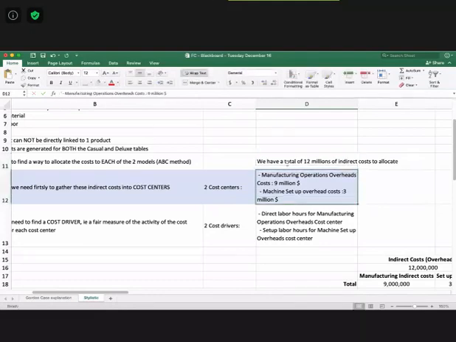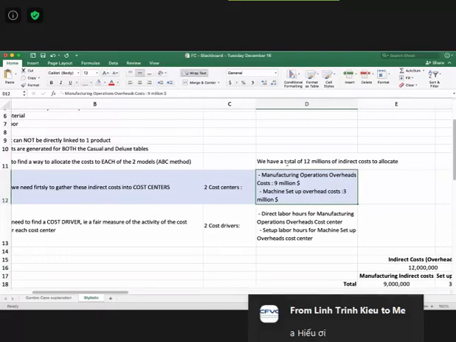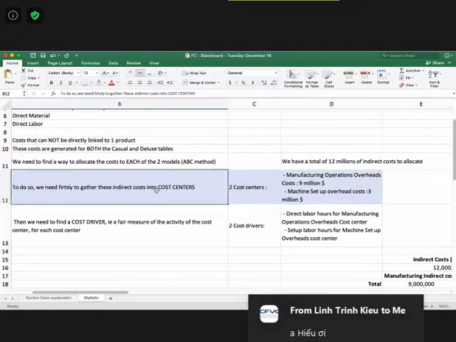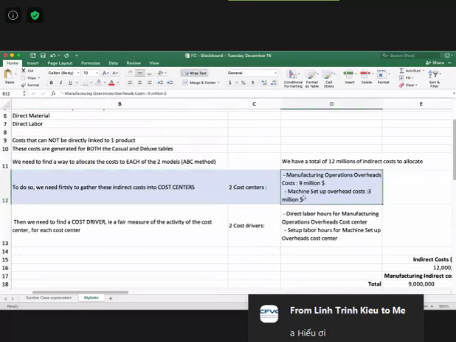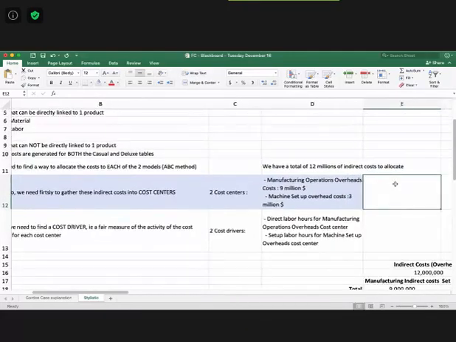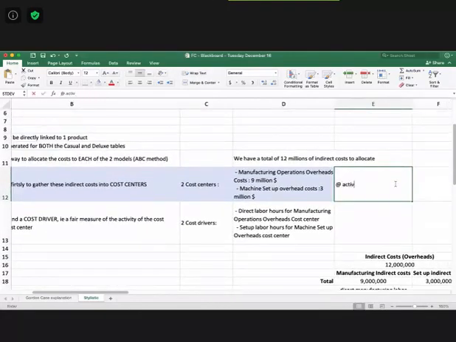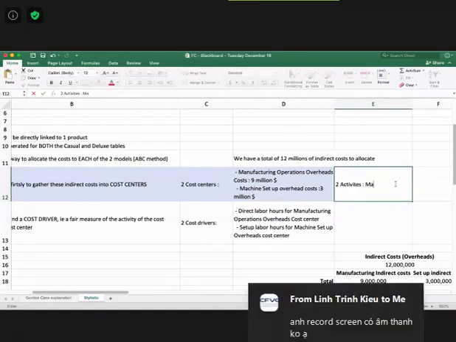This total of 12 million is separated into two cost centers, manufacturing and setup. So we have 2 activities: manufacturing and setting up.